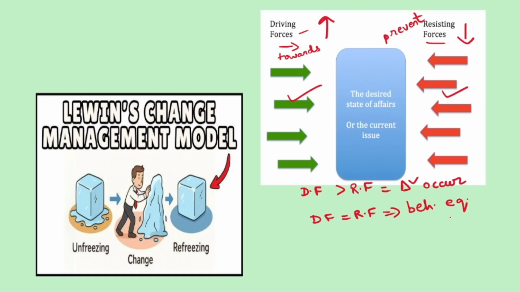Now what does this mean, behavior will be in equilibrium? It means that no change has occurred. So a good manager will address both. It will also try to reduce the resistance among the employees regarding the change, and it will also try to increase the driving forces so that eventually that change is implemented.